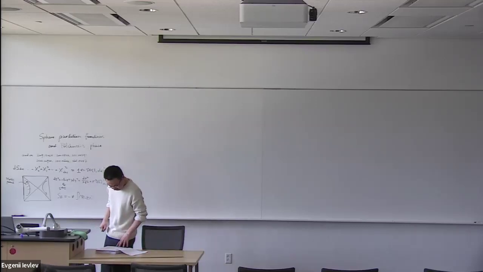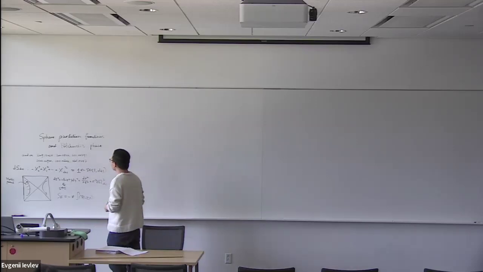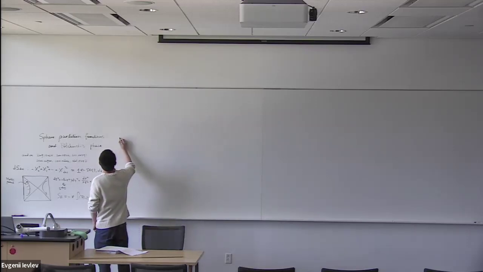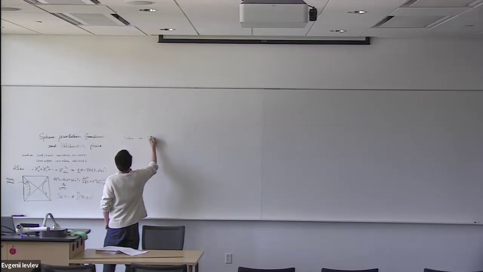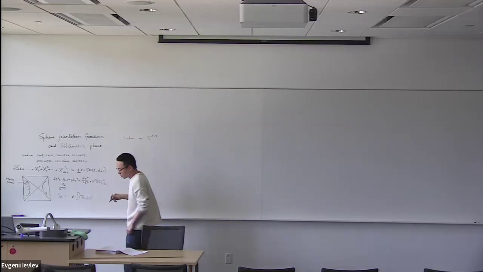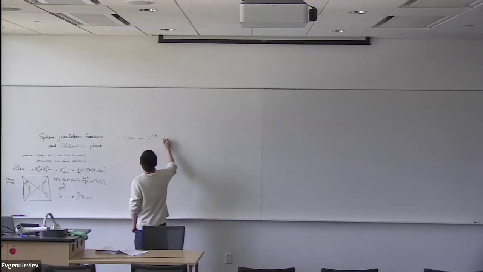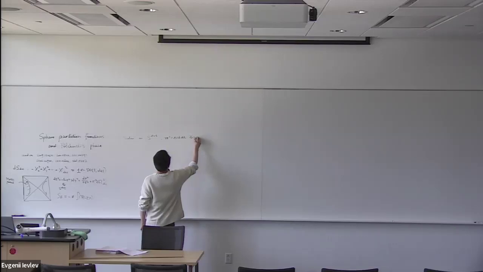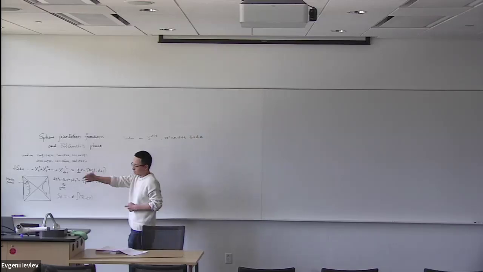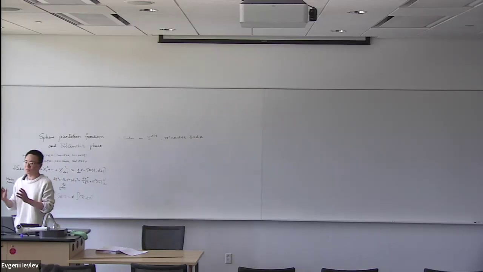Let me start with a scalar in D plus 1 dimensions. Usually we parameterize its mass by delta, where delta corresponds to the scaling dimension of the operator if you continue to the boundary of the spacetime.